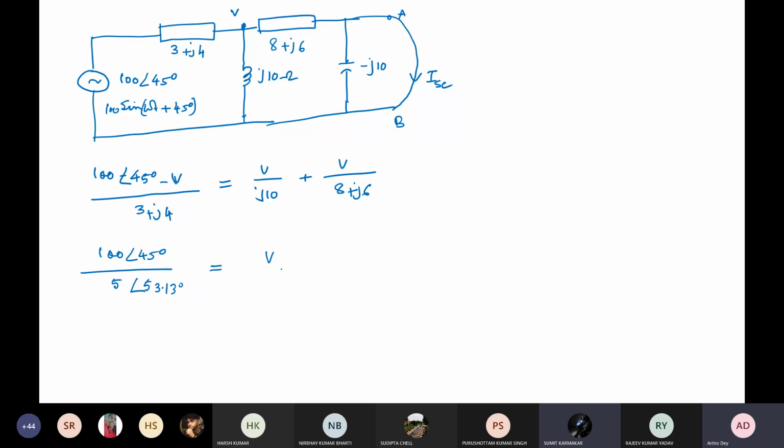So we can write it as V into 0.2 angle minus 53.13, isn't it? Because this is 5, so once you take the inverse of that, it is 0.2.